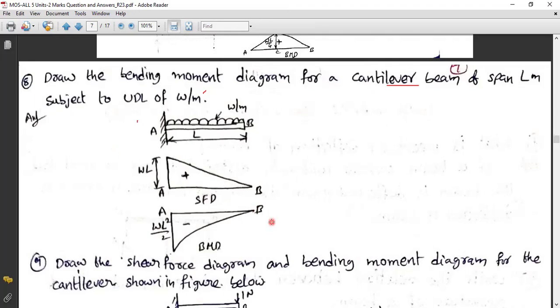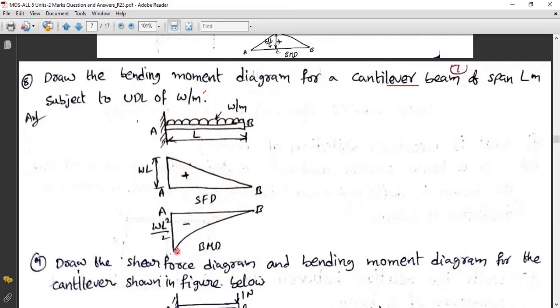So W is acting totally on this length, so it is given by W into L, which is the shear force diagram. This shear force diagram is also given by an inclined line.